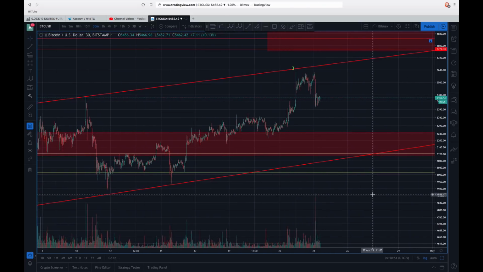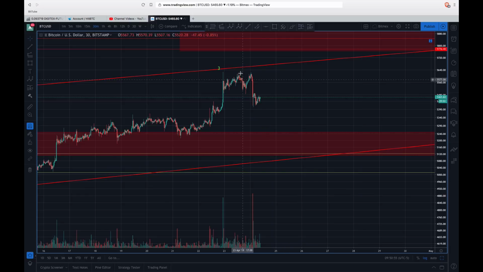What I was looking at last night, I could tell we were running out of gas because we were getting up to this upper range of this channel that we're in, and then we also have all this up above. So there's going to be a lot of people trying to front run everybody that they know is going to be shorting up here.